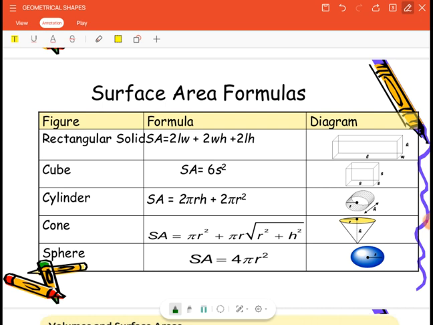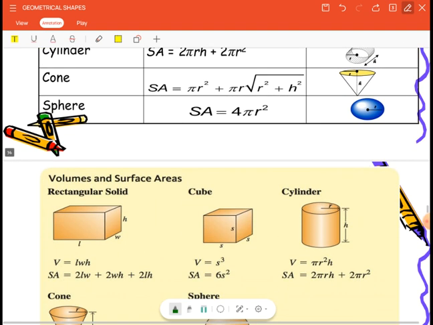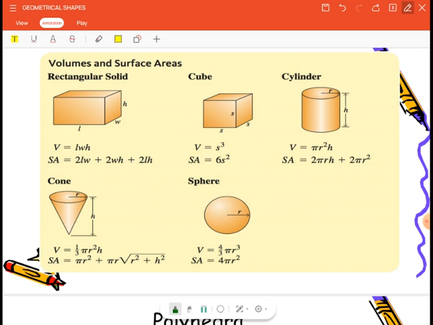For the cone naman, pi r squared plus pi r square root of r square plus h square. Okay? And for the sphere, yung surface area natin is 4 pi r squared. Okay? So, ito yung other formula for that. Please memorize and kasi gamit na gamit din naman to.